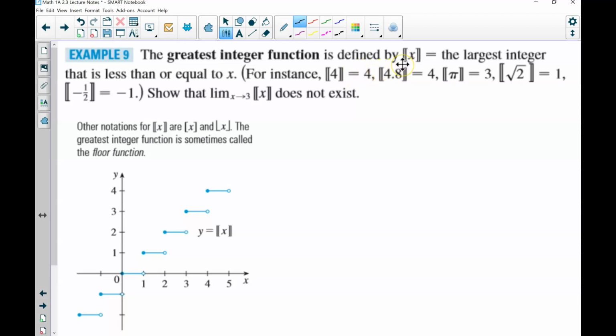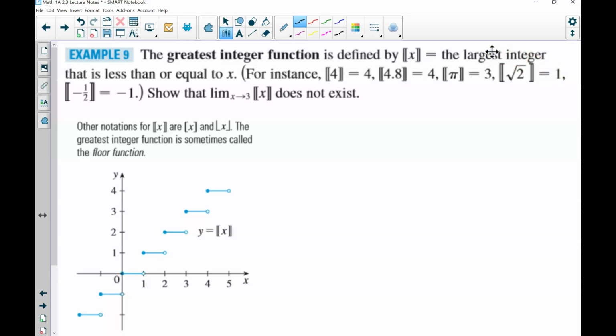The greatest integer that is less than or equal to 4.8 is 4. The largest integer that is less than or equal to pi is 3. And the largest integer that is less than or equal to square root of 2 is 1. And the largest integer that is less than or equal to negative 1/2 is negative 1.